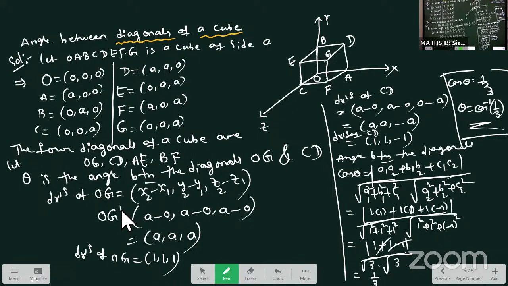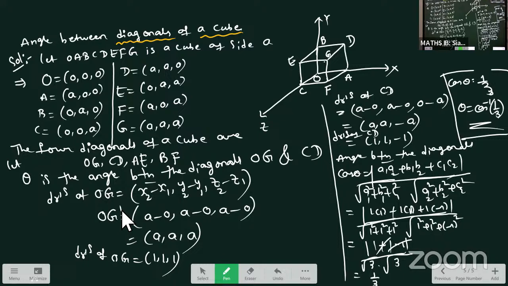If you have any doubts in it, you can drop your message. Similarly, you can find out the angle between the 4 diagonals and the ray. That is also a question. Angle between 2 lines is there, and finding direction cosines is there. So this is how you have to continue this chapter.